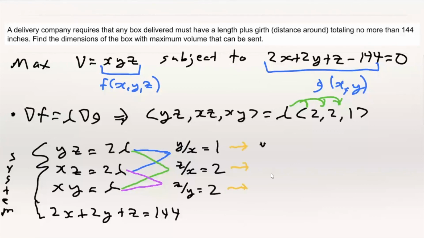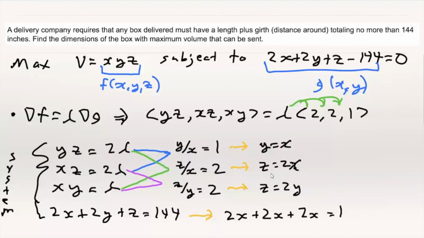Okay, so the first guy just says that y is x. How pleasant. Second guy says that z is 2x. Third guy says that, okay, well, if y is x, then z should also be 2y, and that's exactly what it says. Okay, and now that we know that y is x and z is 2x, we can just do a simple substitution in here to get x, for example. So this would now be 2x plus 2x plus 2x is equal to 144. Because 2x, that was our z, this was our y, as we found.